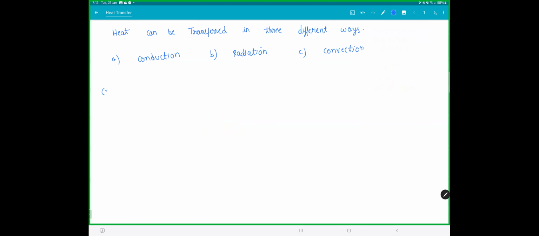Let's see conduction. So in conduction, the heat is transferred from one point to another without the actual transfer of material.